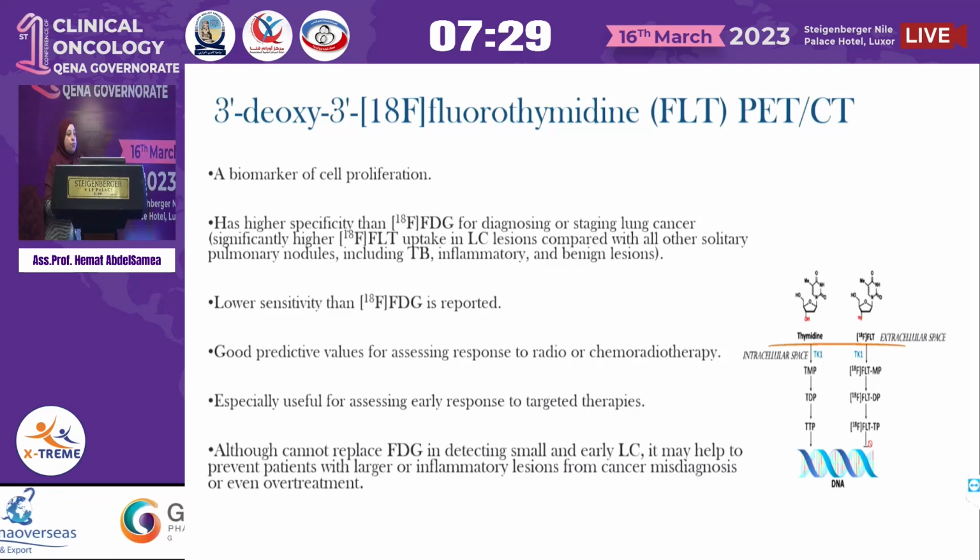It has predictive value for assessing response after radio or chemotherapy, especially after targeted therapies. It assesses early response. Although it cannot replace FDG in detecting small and early lung cancer, it may help prevent patients with larger or inflammatory lesions from cancer misdiagnosis or over-treatment.